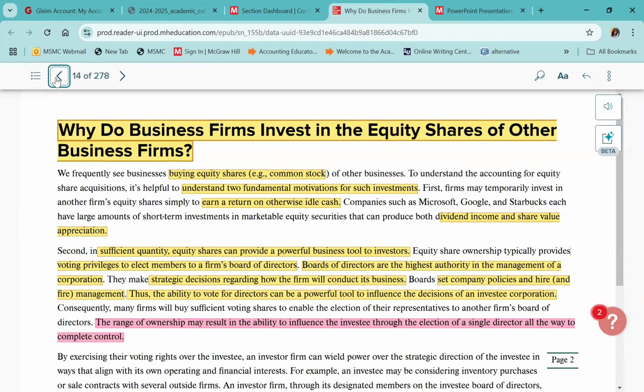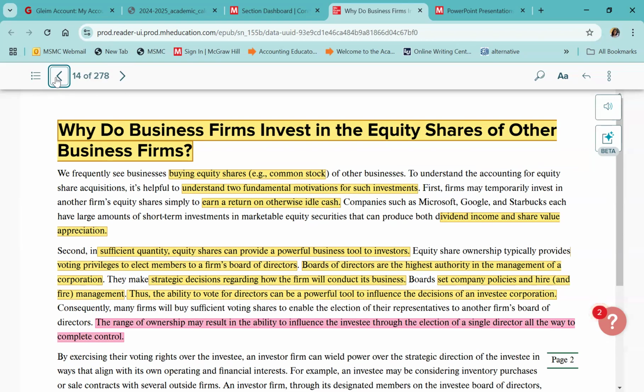Company A purchased common stocks in company B, and now I own 20 to 50% of company B's common stocks, or I own 20 to 50% of company B. And then I kept purchasing, and now I own 51, okay, or more than 50%.